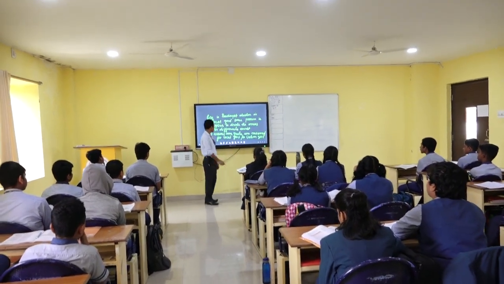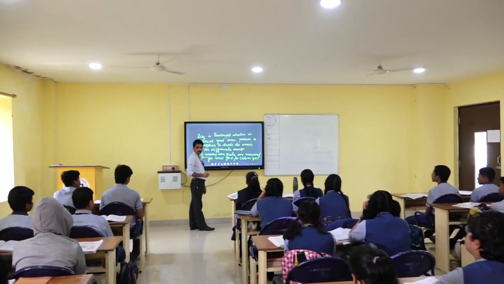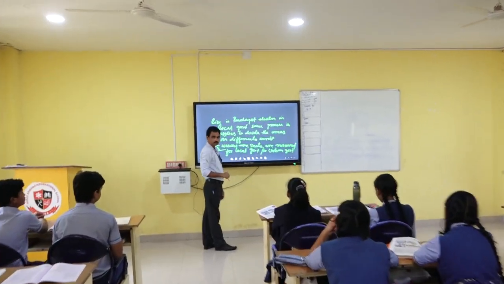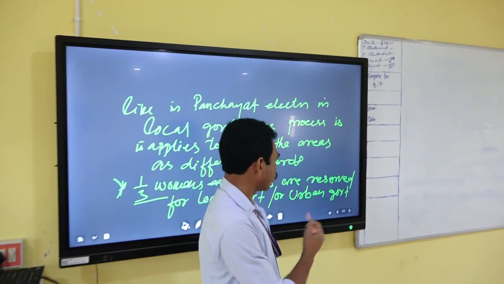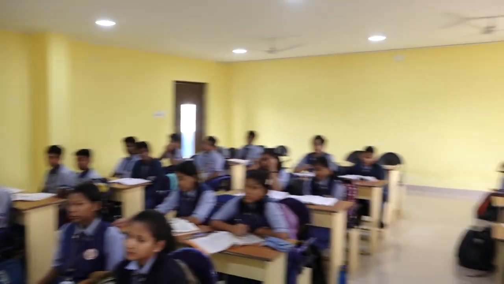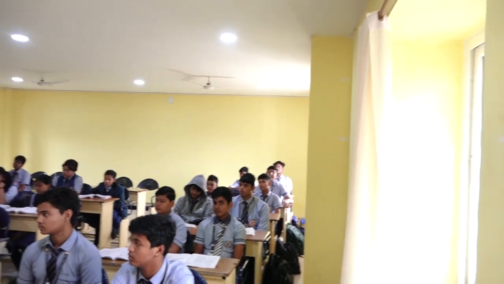Okay, how many seats? 1 by 3rd. Women's seats are reserved for local government and urban government. Which is called the local government.